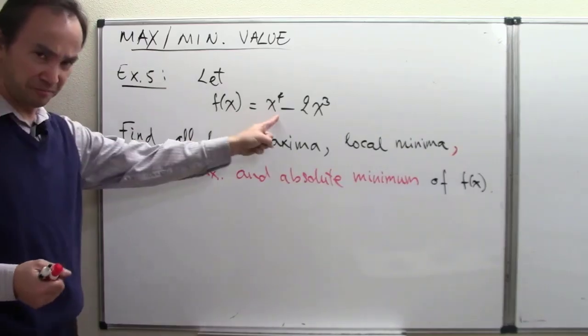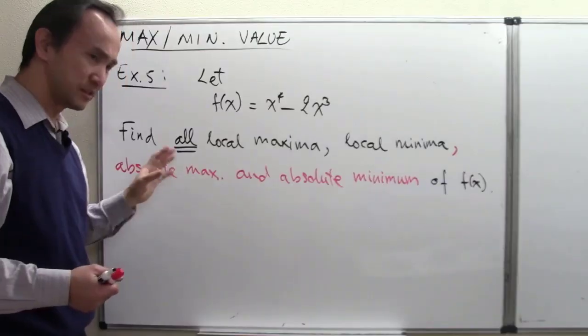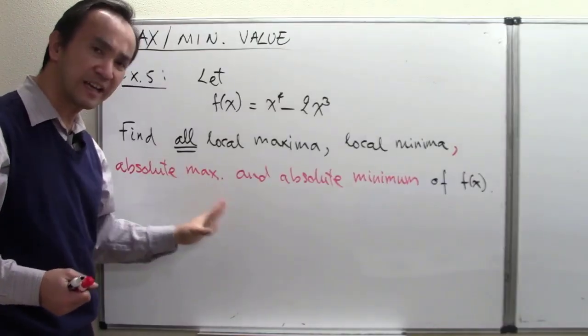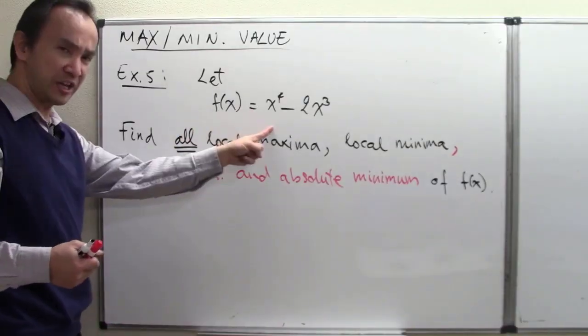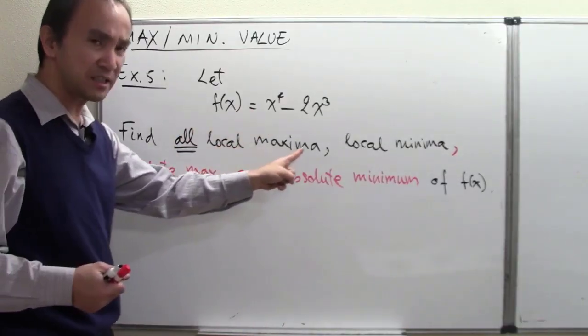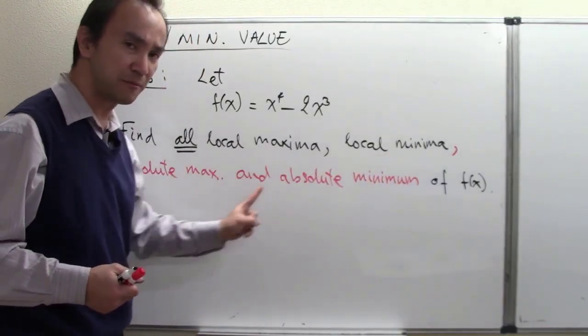So we have a function. The reason I was talking about example 4 is that the problem here is almost like example 4 from the earlier lecture. We're given a function and asked to find all local maxima, all local minima, as well as the absolute maximum and the absolute minimum.